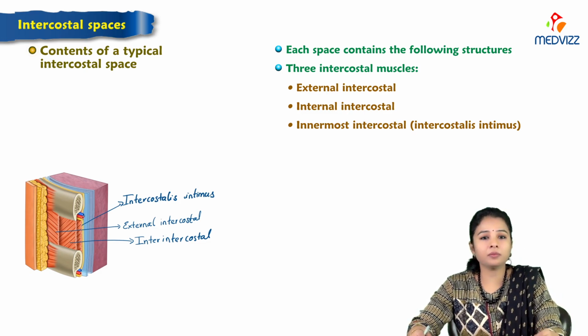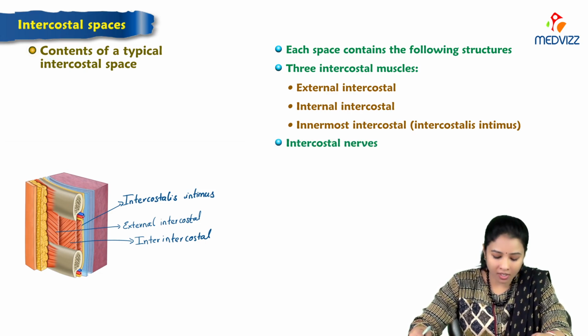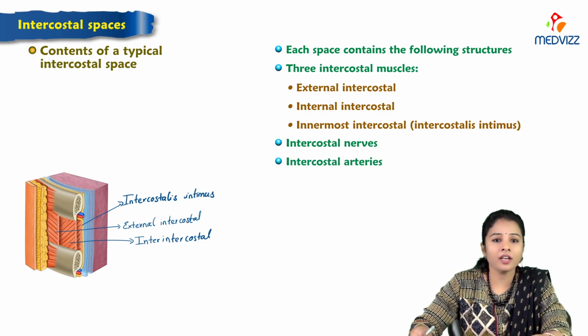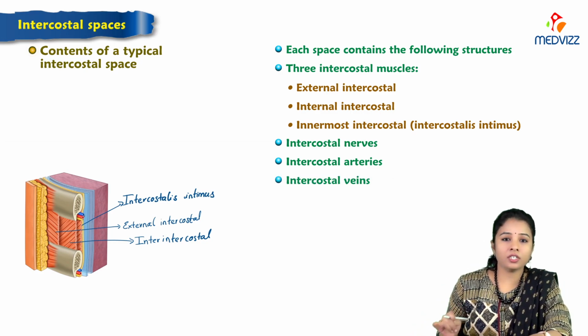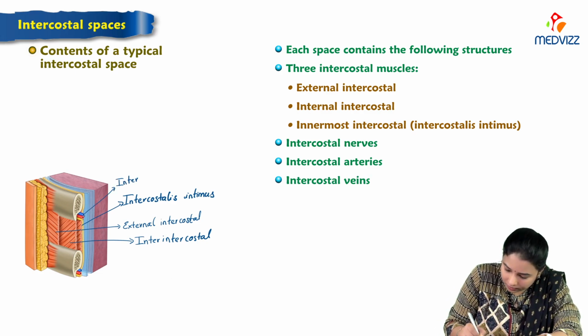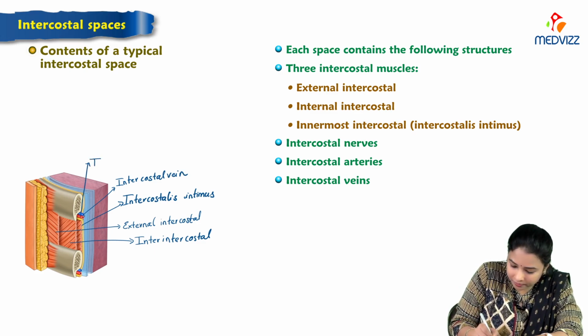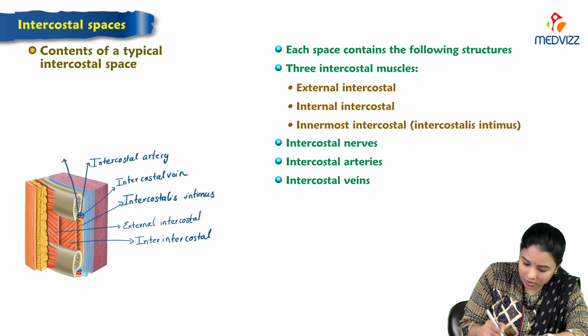Apart from these 3 muscles, we have nerves called intercostal nerves, and along with the nerve we can see an artery, the intercostal artery, and a vein, the intercostal vein. First is the vein, the intercostal vein, next to it is the intercostal artery, and below the artery is the intercostal nerve.